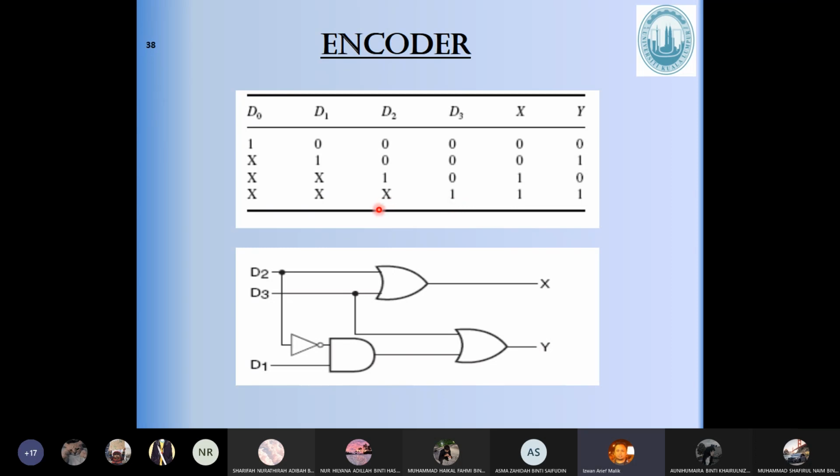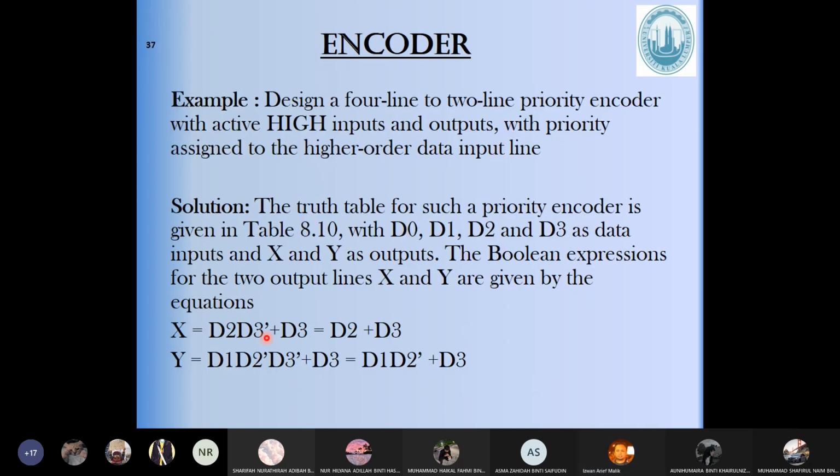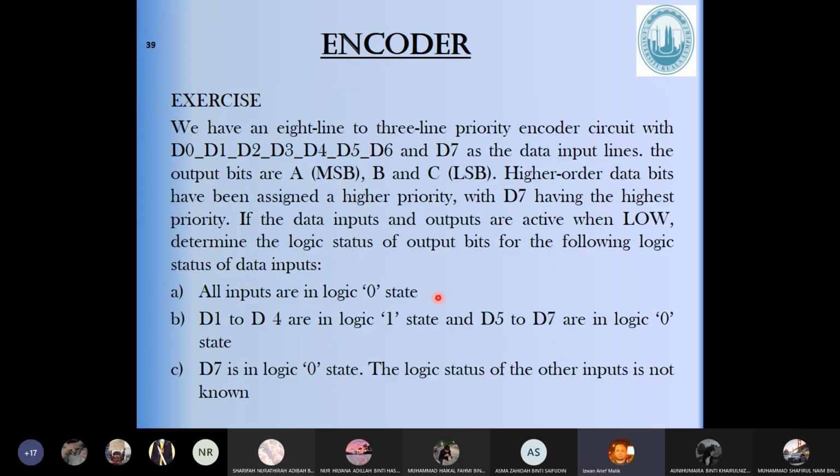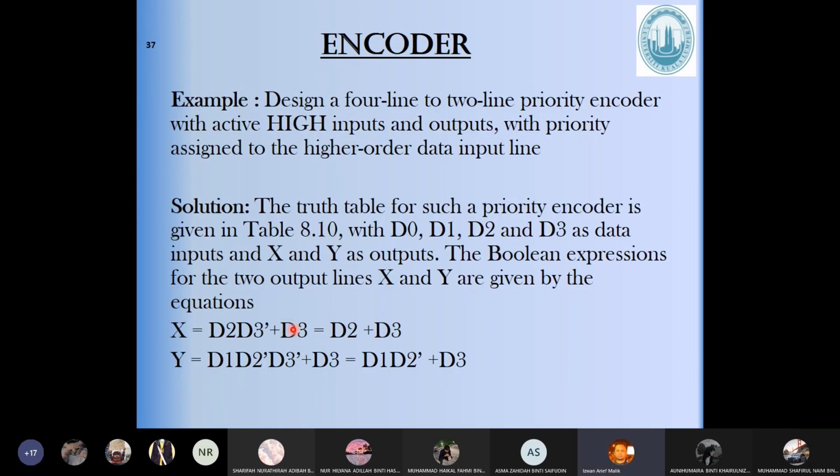Okay, so kita dapat X sama dengan D2 D3 bar plus D3. So D2 D3 bar plus D3, which is this one. D2 D3 bar pluskan dengan D3 sahaja. Okay, so D2 D3 bar plus D3, kita simplifikan, kita akan dapat D2 plus D3.